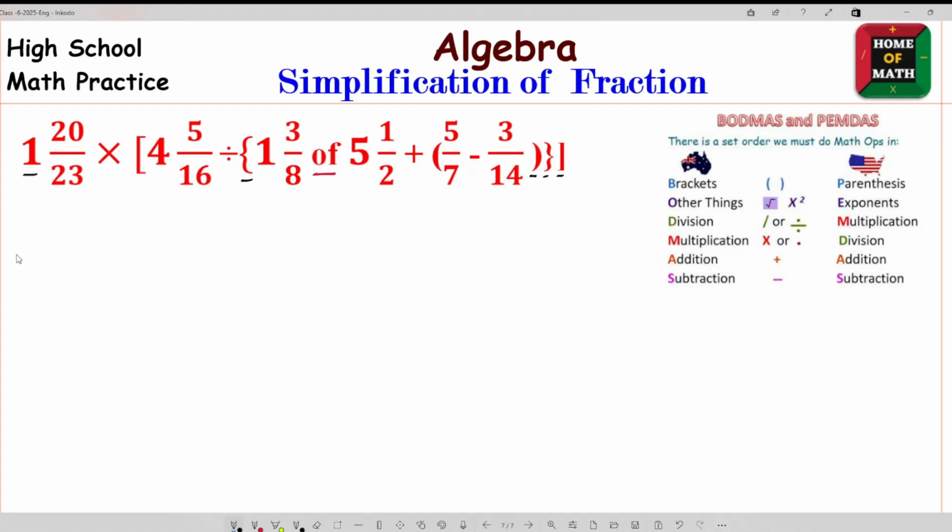First in this expression we have to convert mixed fractions to improper fractions. So 23 times 1 plus 20, it will be 43/23, right?